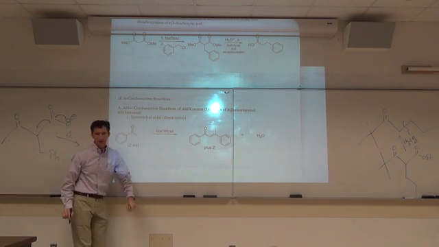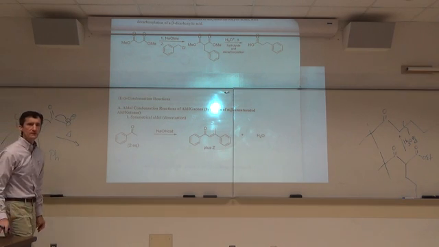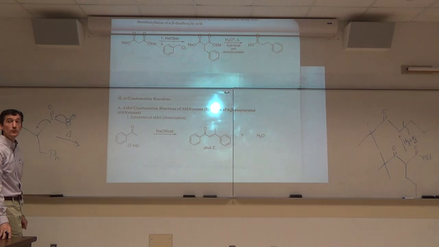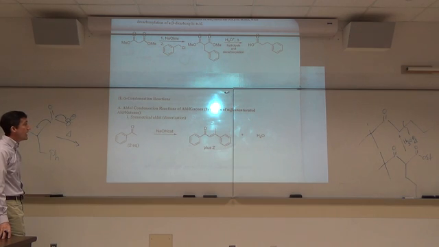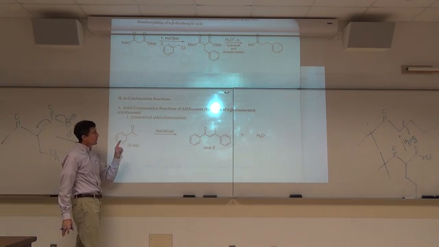If you treat it with a catalytic amount of standard base, hydroxide base, it can actually be even weaker than that. You can use weaker bases like triethylamine, and it only takes a catalyst. We can get this product.